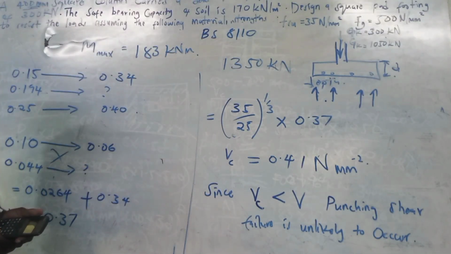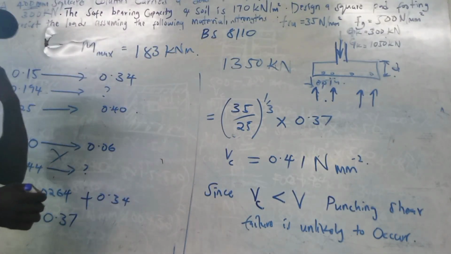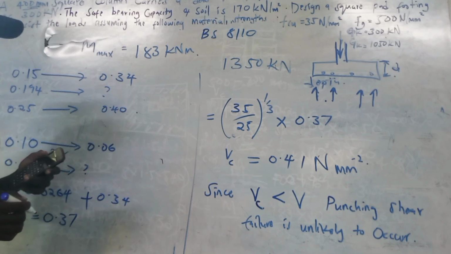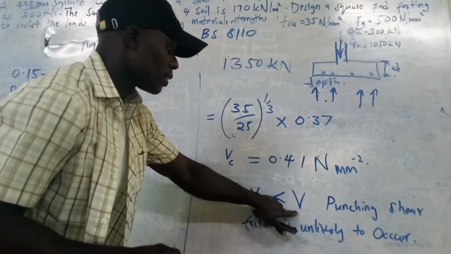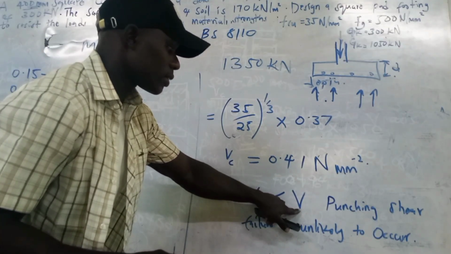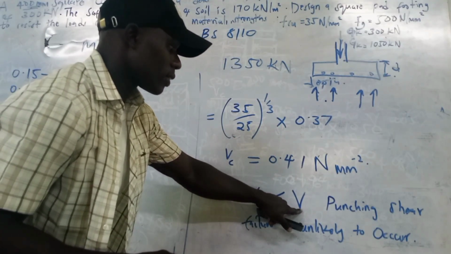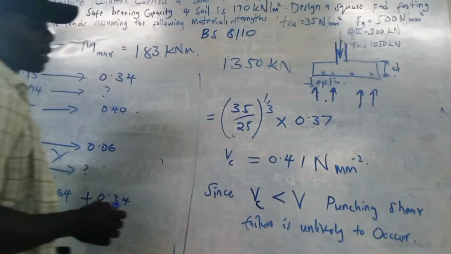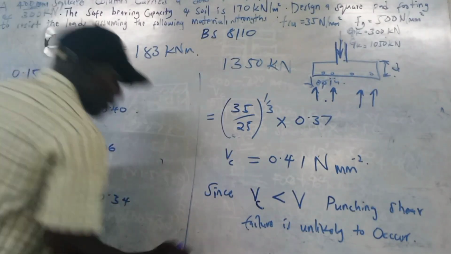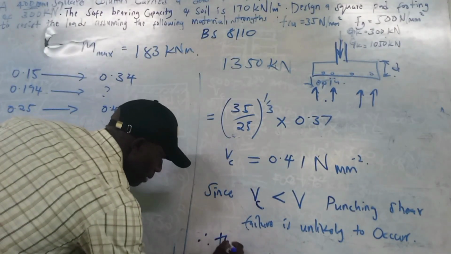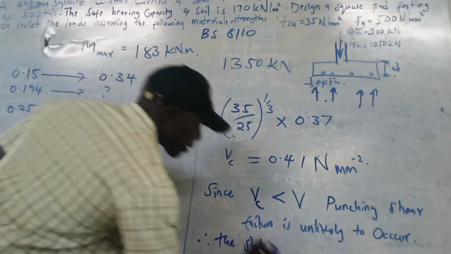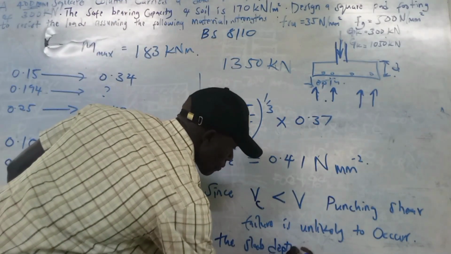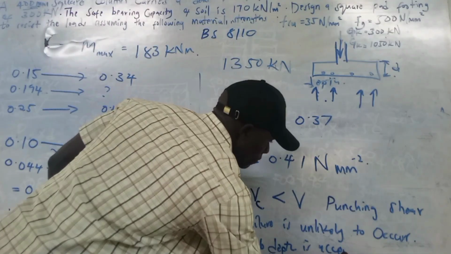Therefore, since the design concrete shear stress is greater than the design shear stress, okay, then punching shear failure is unlikely to occur. Therefore, the footing slab depth is acceptable.